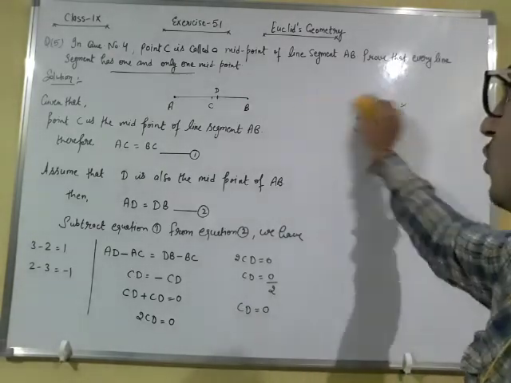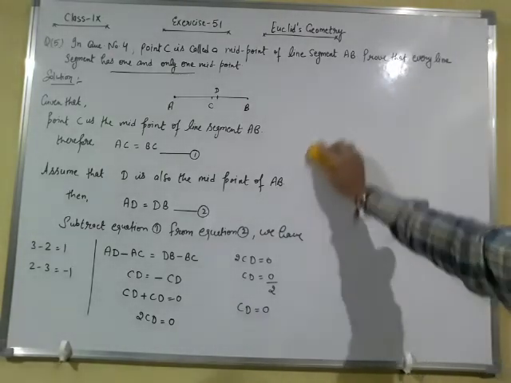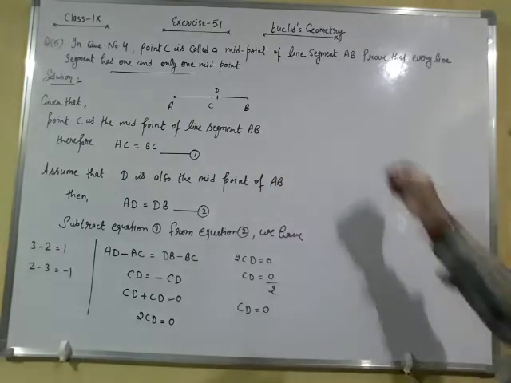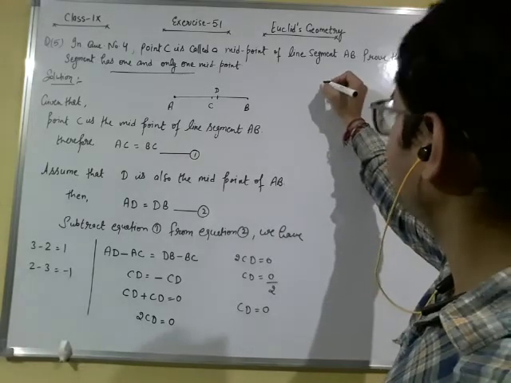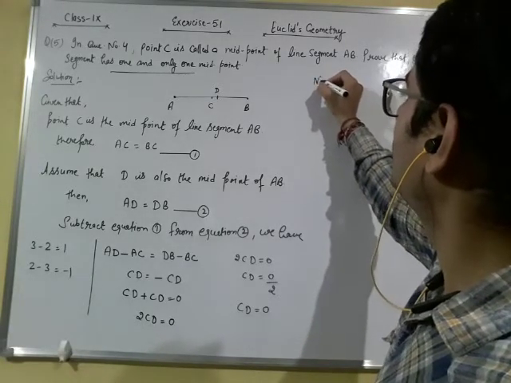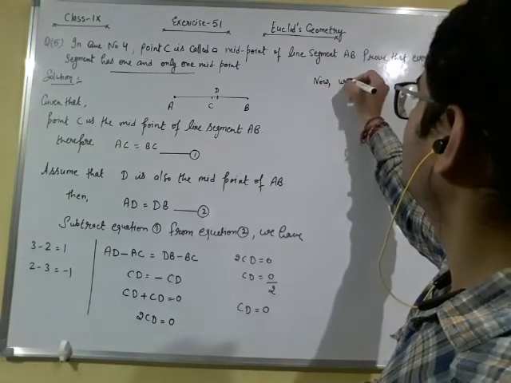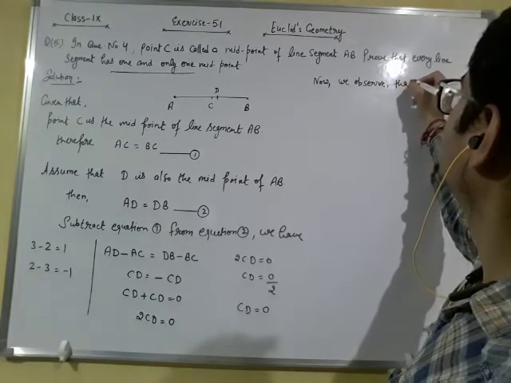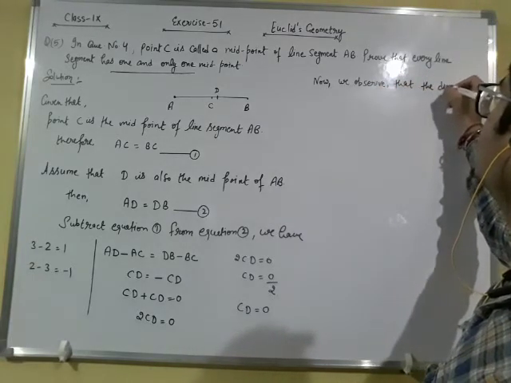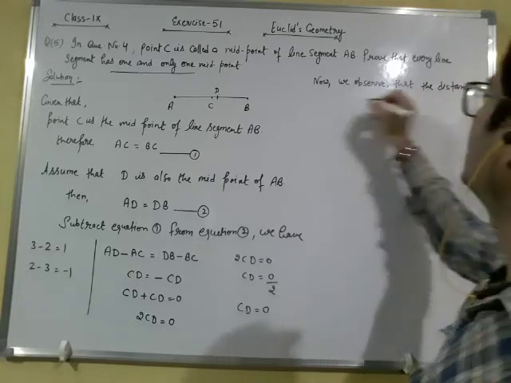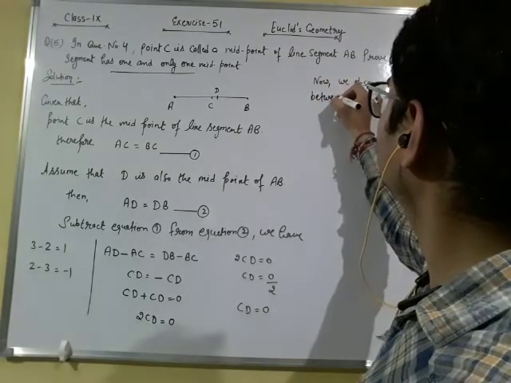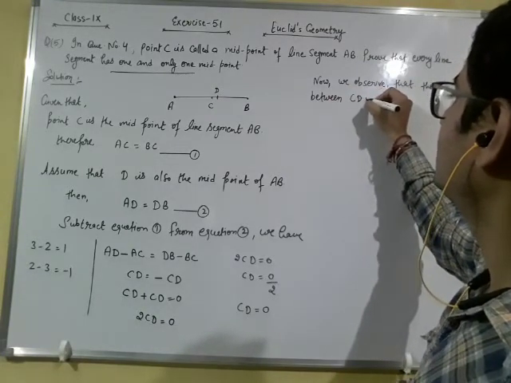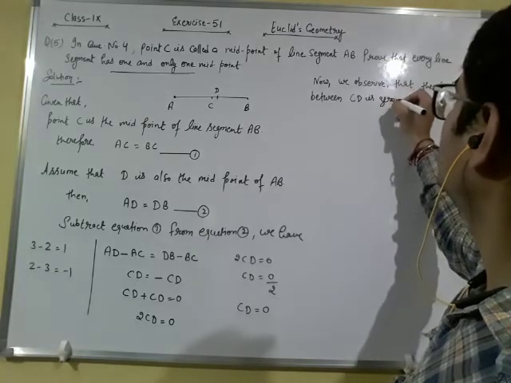So what do we conclude? By proving that CD equals 0, we observe that the distance between C and D is 0.